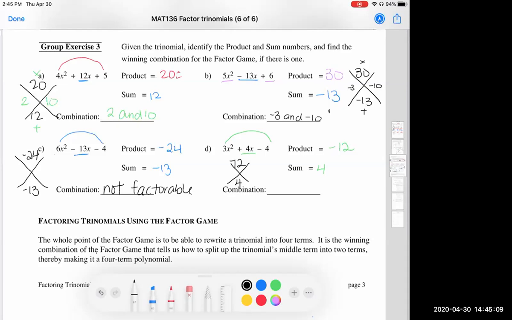I can get 12 from 3 times 4, or 6 and 2. 6 and 2 would do the job, and I want to make sure my 2 is negative, because 6 plus negative 2 gives me 4, and 6 times negative 2 gives me negative 12. So 6 and negative 2 would work. Group exercise 3 is just to think of the two numbers that would work to give you your middle term.